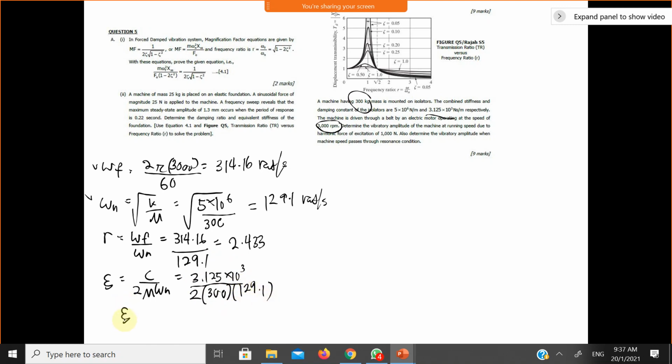Then the answer of zeta, or damping ratio, is 0.04. Okay, so we have R, we also have zeta.